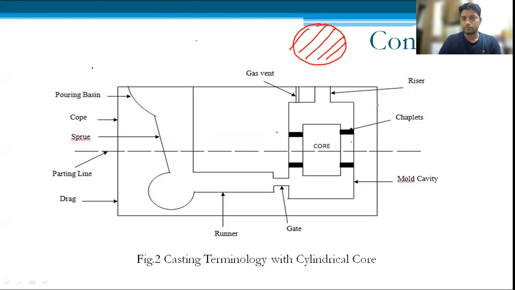Whatever height we are using, in that height we have to create a hollow cavity. For example, I have this glass. Assume this is the mold cavity that we have created, completely blank. Now we have to fill the molten material into that, but when we fill the molten material it will be completely filled.